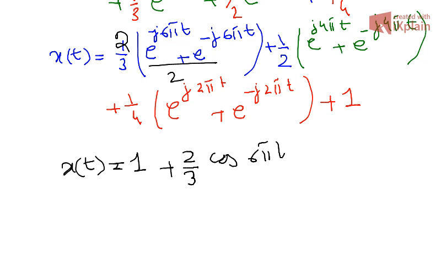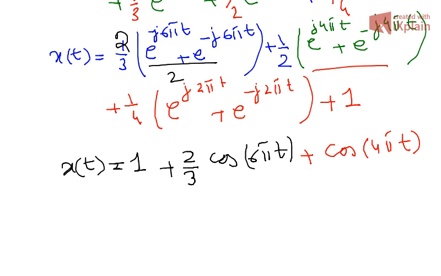Now the next term, if you observe, is quite perfect. You have e raised to power j 4 pi t plus e raised to power minus j 4 pi t over 2. So my next term is actually equal to cos of 4 pi t.